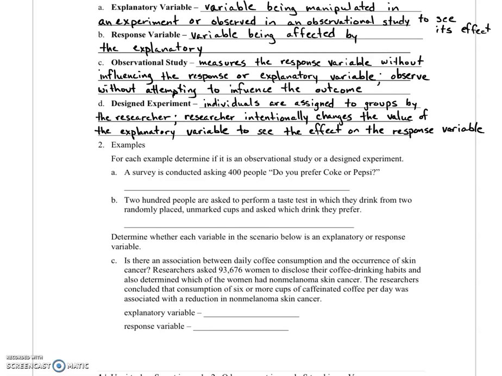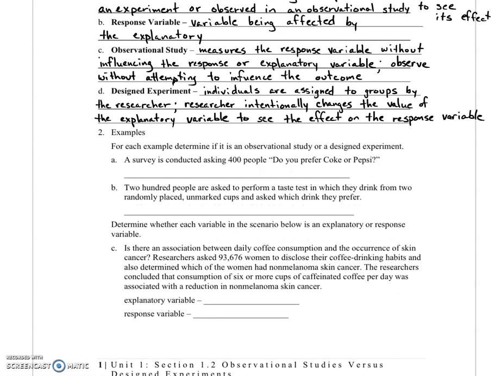So let's look at a couple examples. For each, determine if it's an observational study or a designed experiment. So in the first one, a survey is conducted asking 400 people, do you prefer Coke or Pepsi? So why don't you guys think about that for a minute. Pause the video if you want, and then you can start it when you've made up your mind.